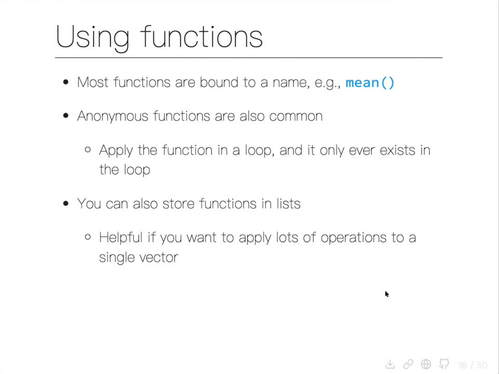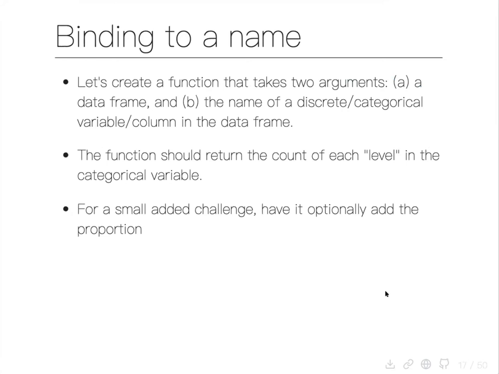But you can also, and we didn't spend a lot of time on this because it's not real common, but it is a nice thing too, include a bunch of functions in a list, where each element of the list is a different function. And then you can loop through that list of functions and apply all of those functions to one specific vector, okay? And that can be an efficient way to do things at times.